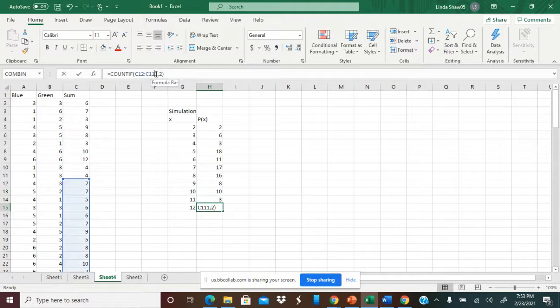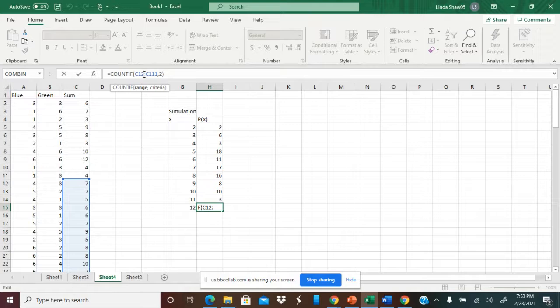The first thing before the comma is the range that it's looking in. So this formula is basically saying to count if it has that value. It's counting the number of cells in this range that meet the criteria that I'm specifying. Since I dragged it down and I didn't specify to leave it how it was, I need to change the range for it. And then I'm changing the criteria for each one so it matches what the X is.